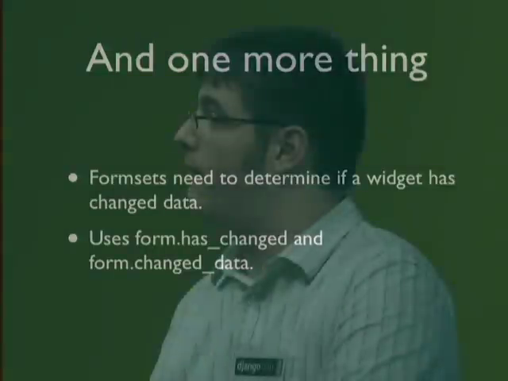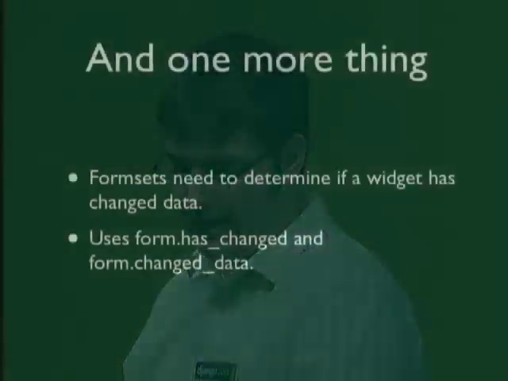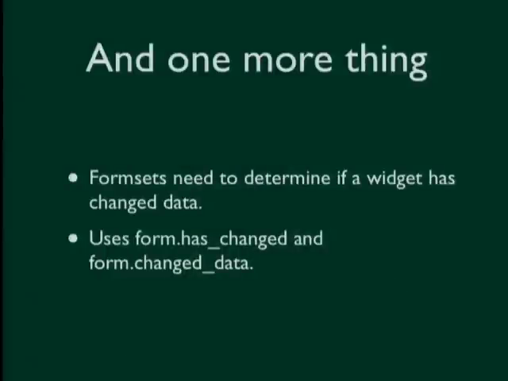And at the form level, this is something that's actually not documented, but it does have a public API. On the forms we have a has_changed property, which basically returns true or false if anything has changed based on the data you pass, bound data and initial data. And then there is another property called changed_data, which gives you the ability to return a list of the specific fields that have changed.